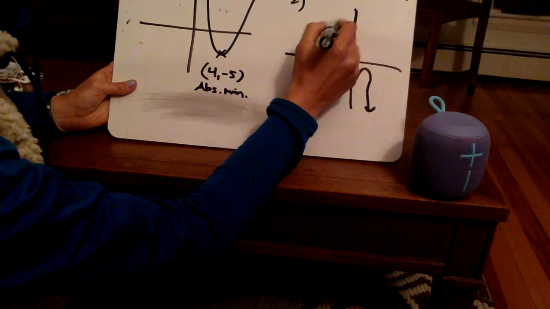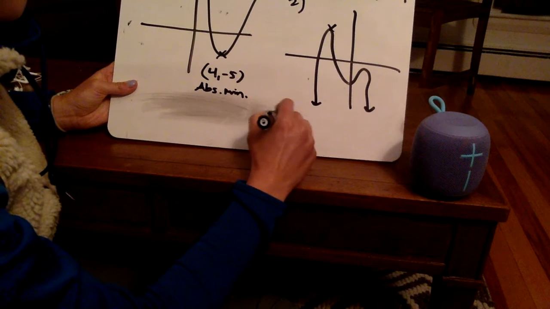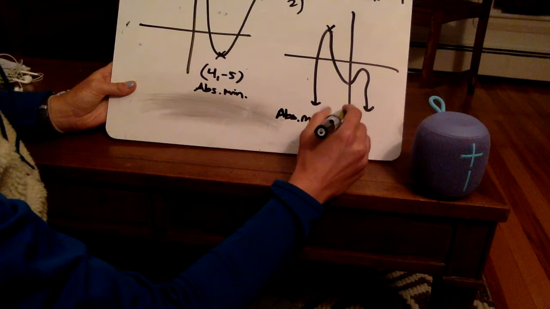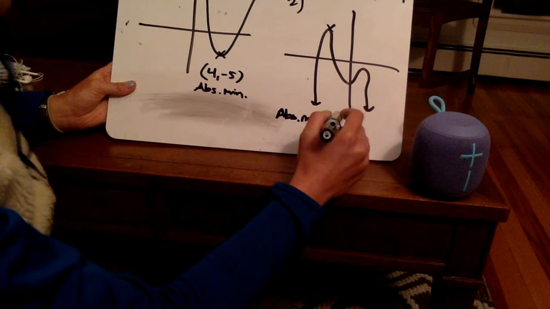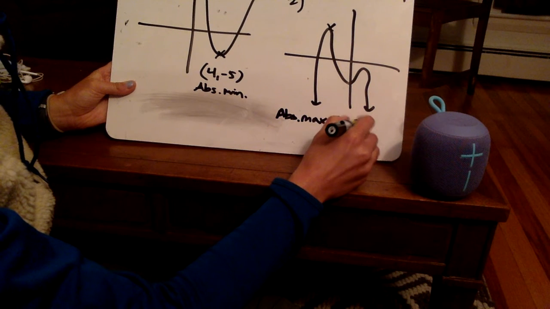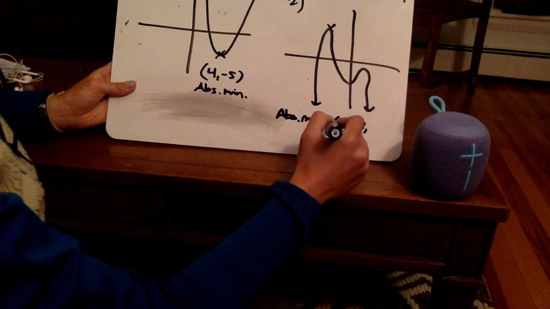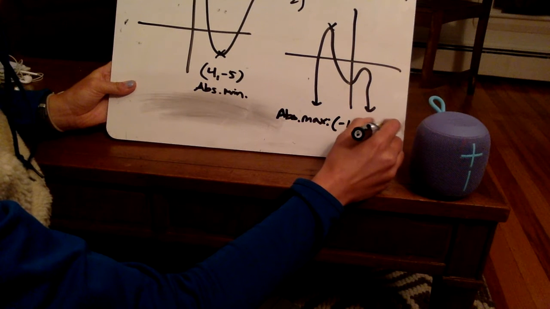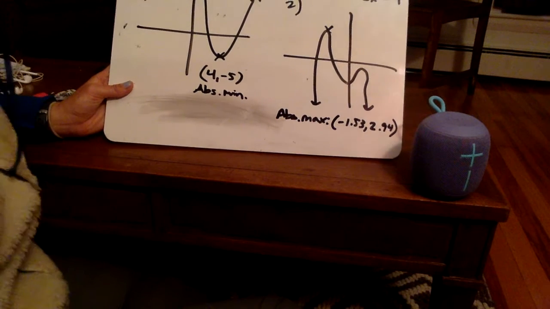So I'll start with my absolute max, which is at point, it looks like it's about negative 1.53-ish and 2.94-ish, or around 3.